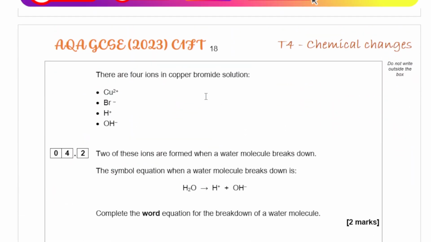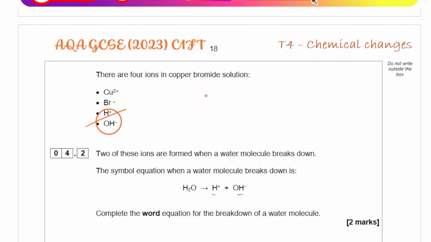There are 4 ions in copper bromide solution. So you have the copper ion, the bromide ion, the H plus ion, and the OH minus ion. Two of these ions are formed when a water molecule breaks down. That's the H2O, H plus and the OH minus ion. The symbol equation when a water molecule breaks down is H2O gives you H plus and OH minus.